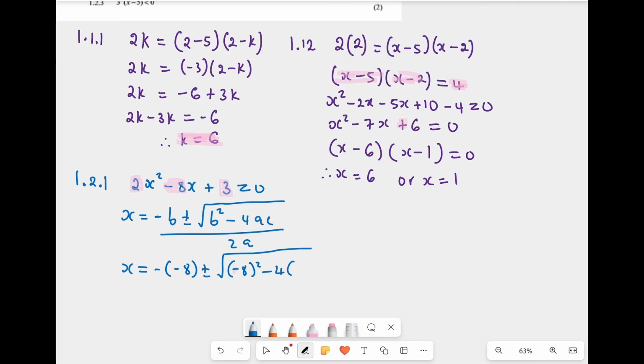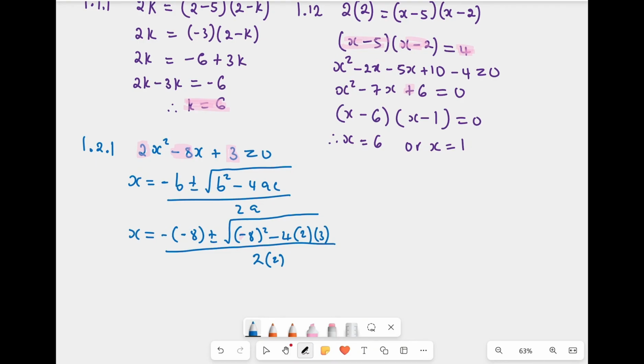What is a? Our a is 2. What is c? Our c is 3, all divided by 2 multiplied by what is our a? Our a again is 2.